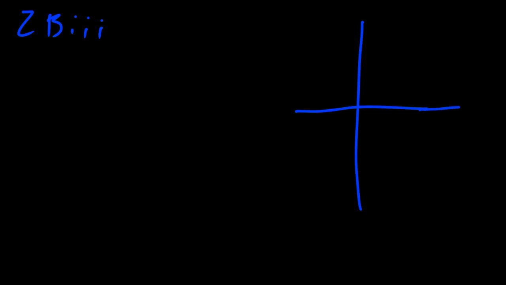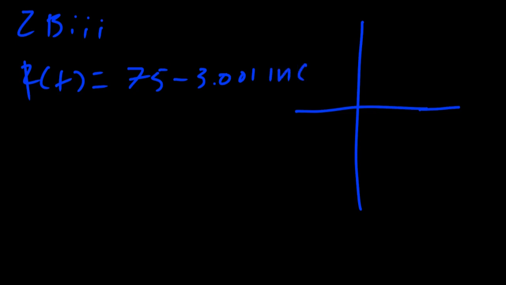So what we can do is plug our equation for R of t into a graphing calculator, since we know what A and B equal now. Remember that R of t is equal to 75 minus 3.001 times the natural log of t plus 1.